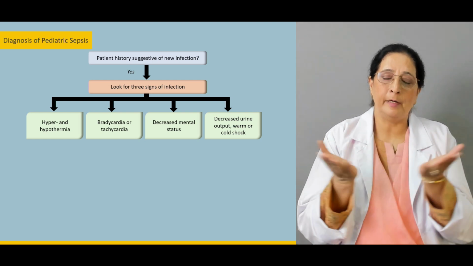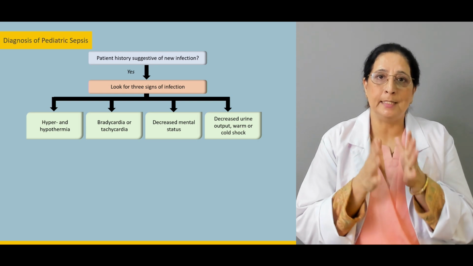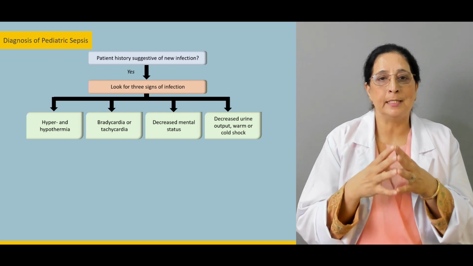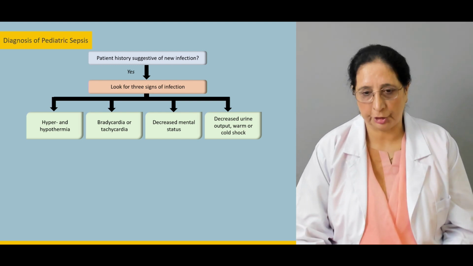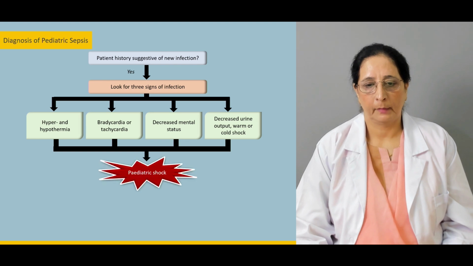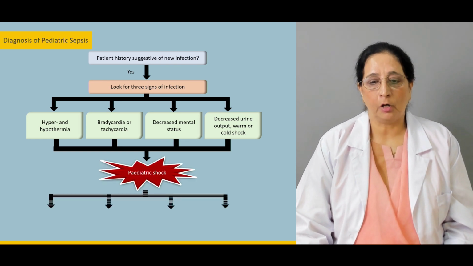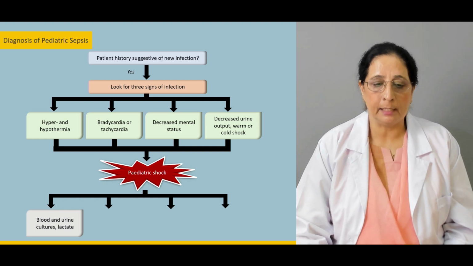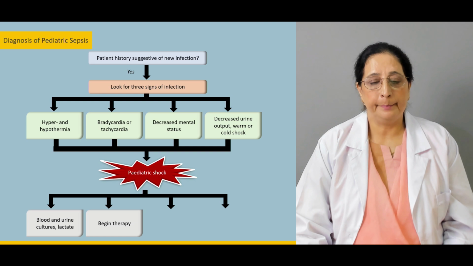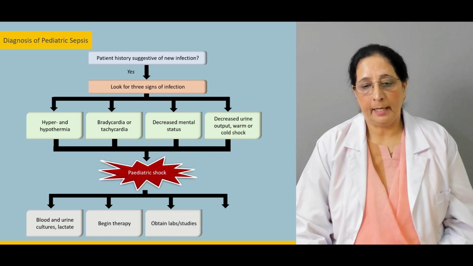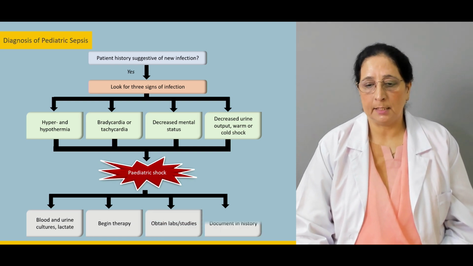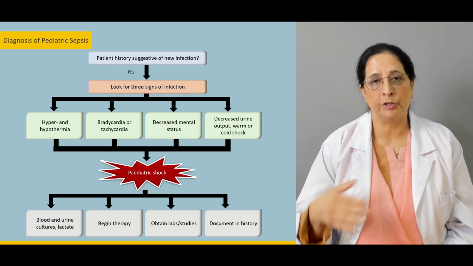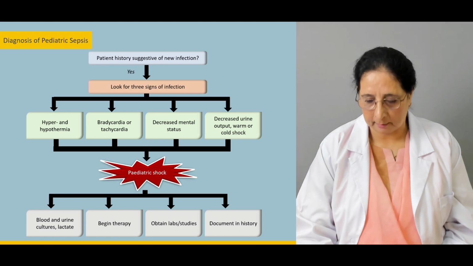We already discussed all these features in detail before also. So same, we should look for the 3 signs of infection. In pediatric shock, blood and urine cultures should be done, lactate levels checked, begin the therapy, and then obtain lab studies and document in history whatever the findings are.